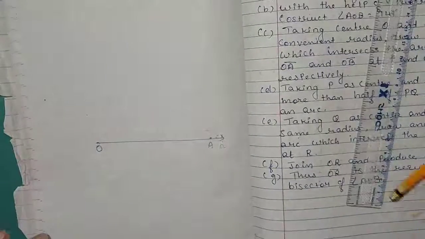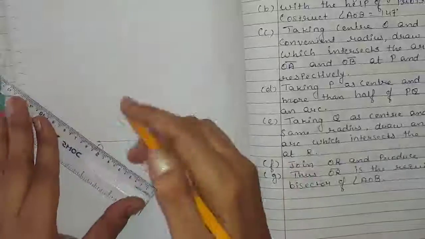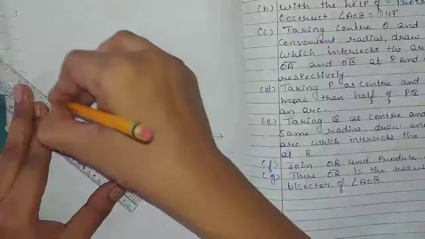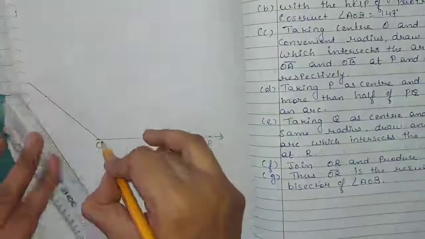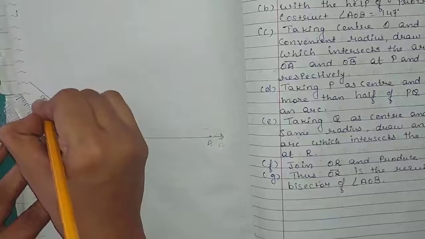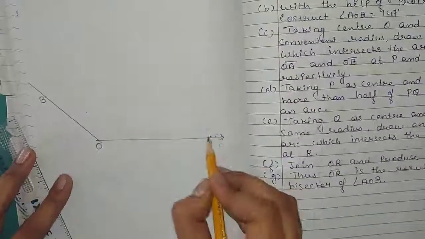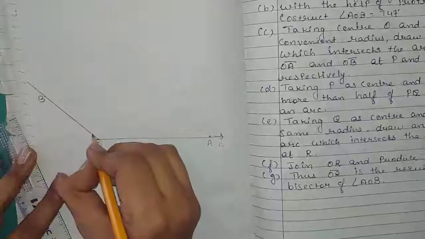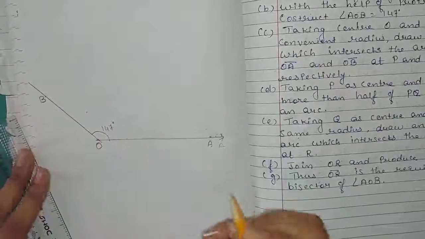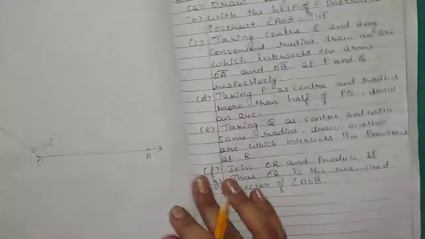Now we have to join this marking point with O, and it is said angle AOB, we have to take it as B. Angle AOB is 147 degrees. Now let us see the next step.